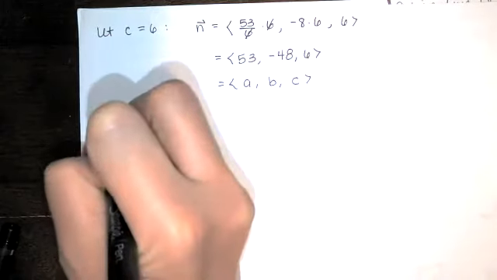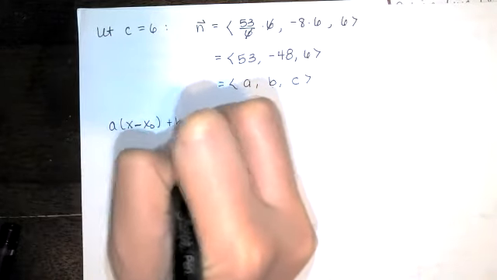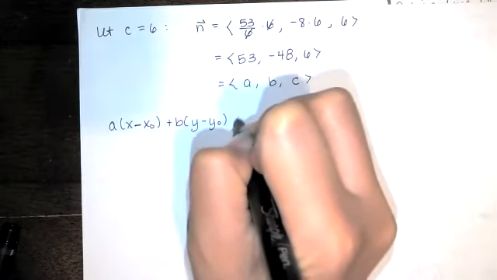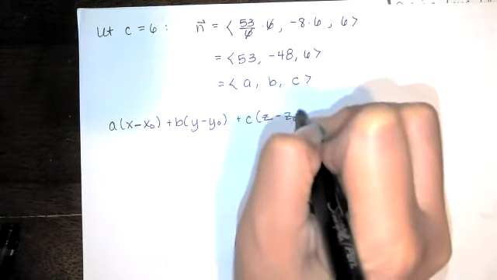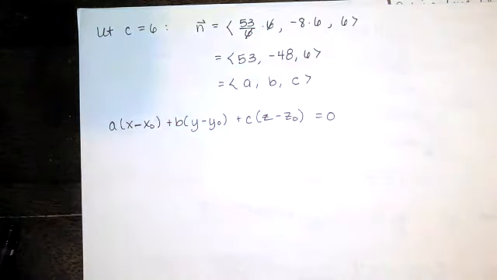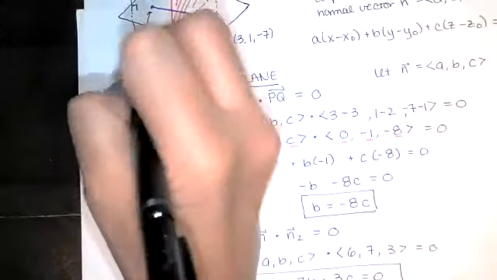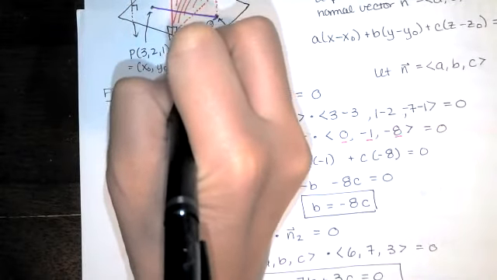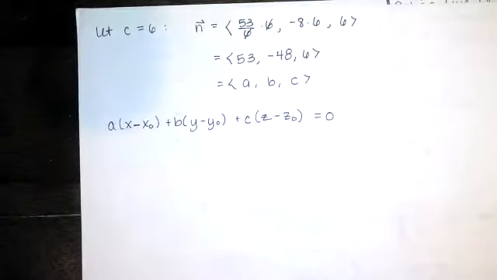Okay, so now we can just go to our equation of a plane. And we can use any point in the plane as our P, our x naught, y naught, z naught. We had P over here equals 3, 2, 1. I will choose for that to be my x naught, y naught, z naught. So when x is 3, y is 2, and z equals 1.